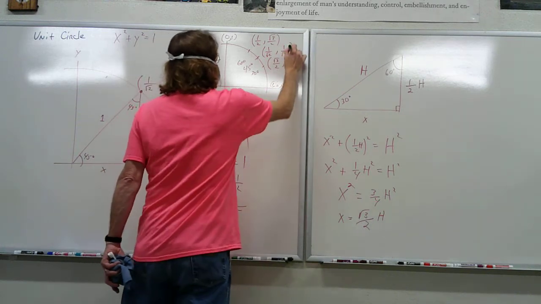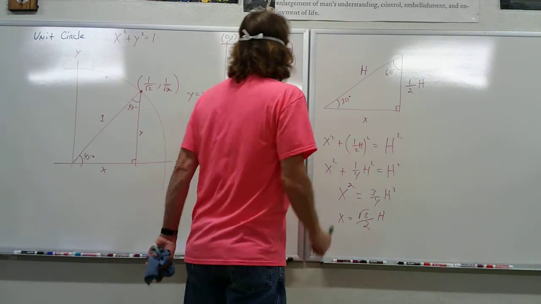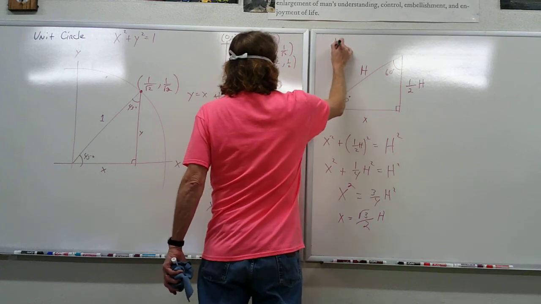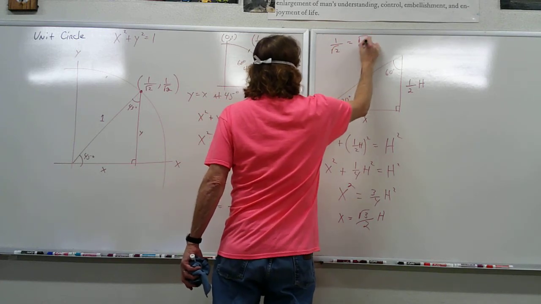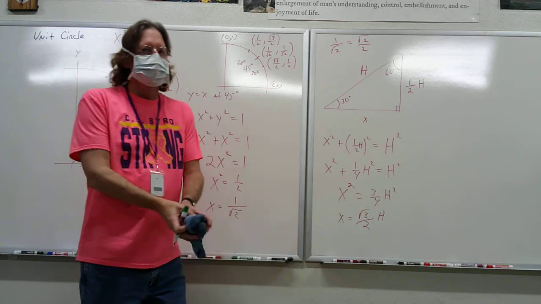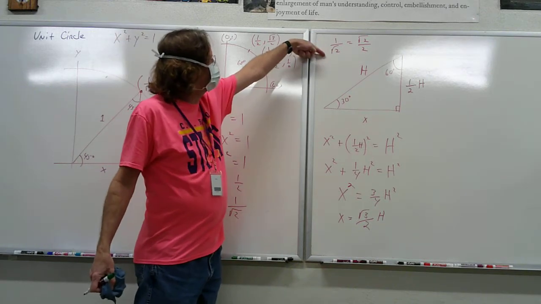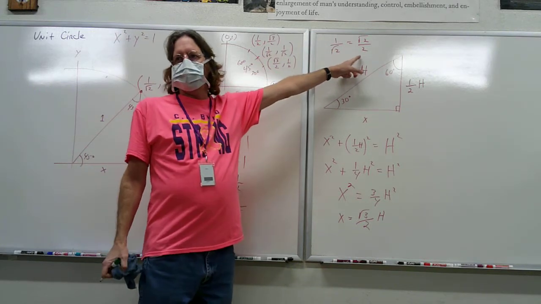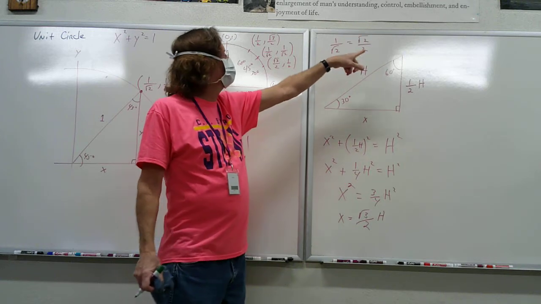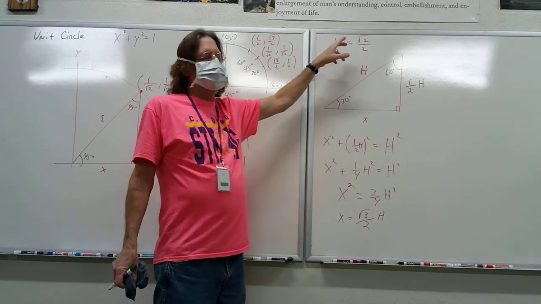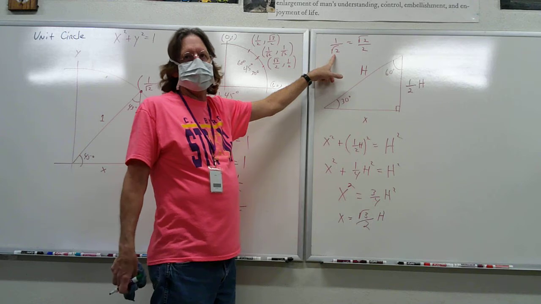Now, somewhere on your paper, write 1 over the square root of 2 equals square root of 2 over 2 if you rationalize it. Because if you multiply by square root of 2 here and square root of 2 here, you'll get that. So if you're looking at one of the high school textbooks, you're probably going to see this. If you're looking at one of the college textbooks, you're probably going to see this.